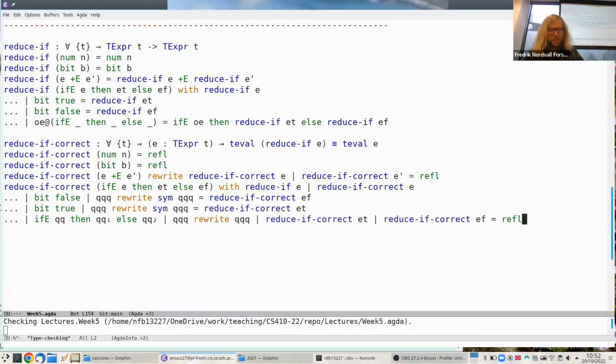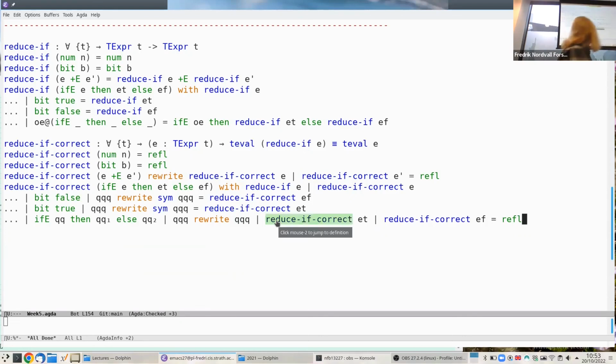Right. So it takes some getting used to, but the main move is exactly this: to put an extra thing up together with the first if so that you get access to the equation. The way you don't think of ideas like this all at once. We realized that reduce if E was interesting.